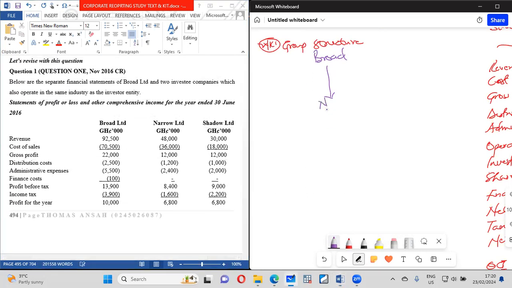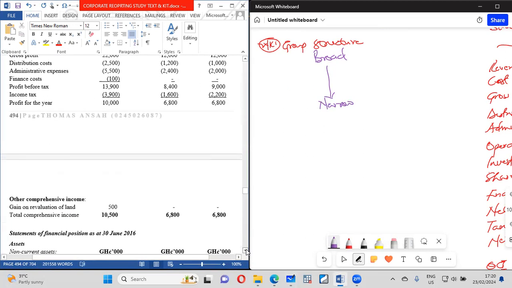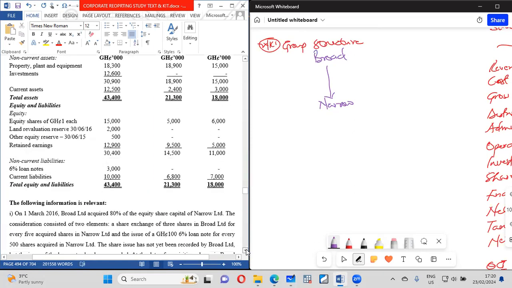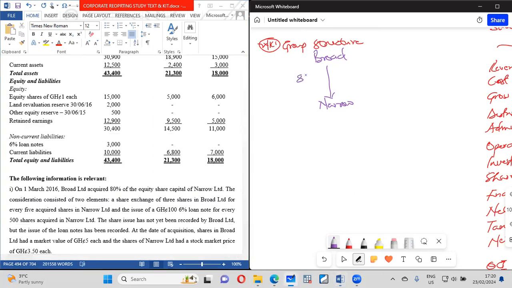We are told in the first note that they acquired 80%. But what is the date? They were bought on 1st March 2016, and that was 4 months.